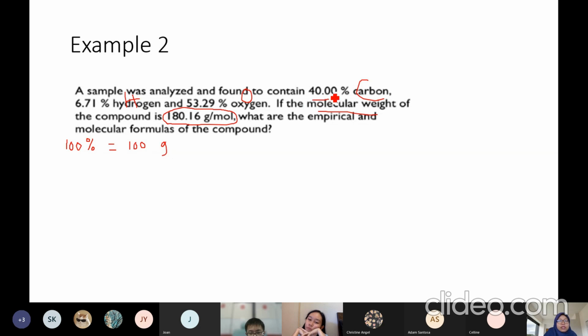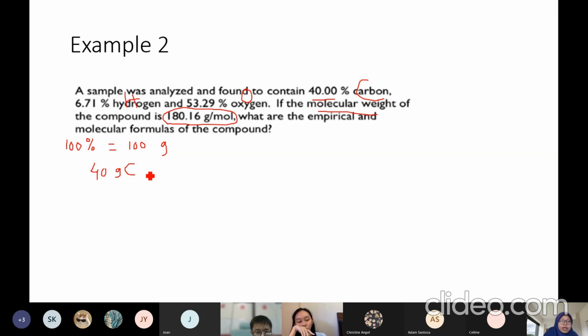So 40% carbon means 40 grams of carbon. How to find how many carbon atoms? We need to find how many moles of carbon.